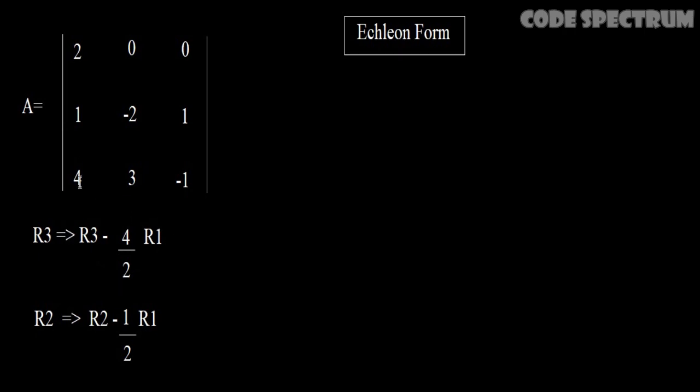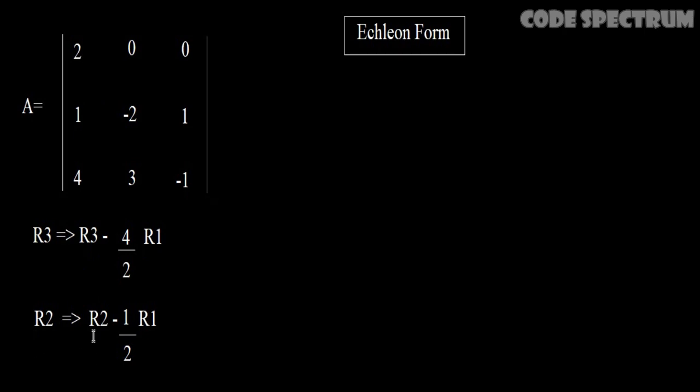If you place 4 in this place and R1 as 2, 2 cancels out, and 4 minus 4 will become 0. It will replace this 4 with 0.